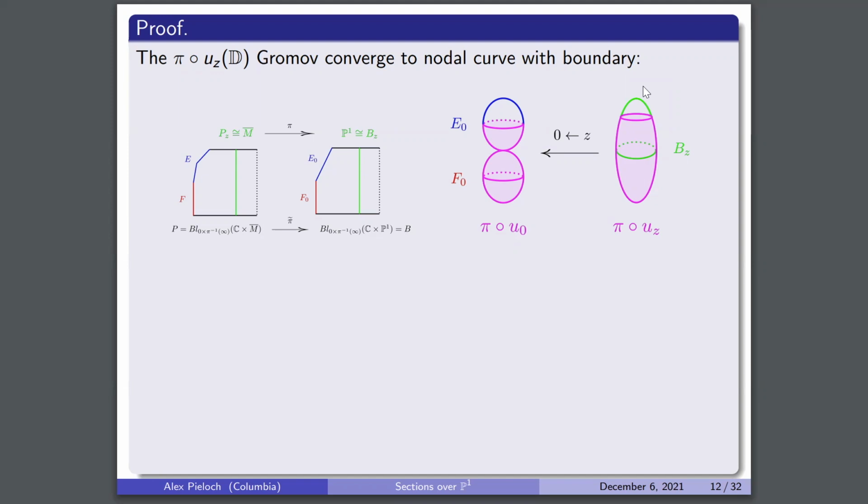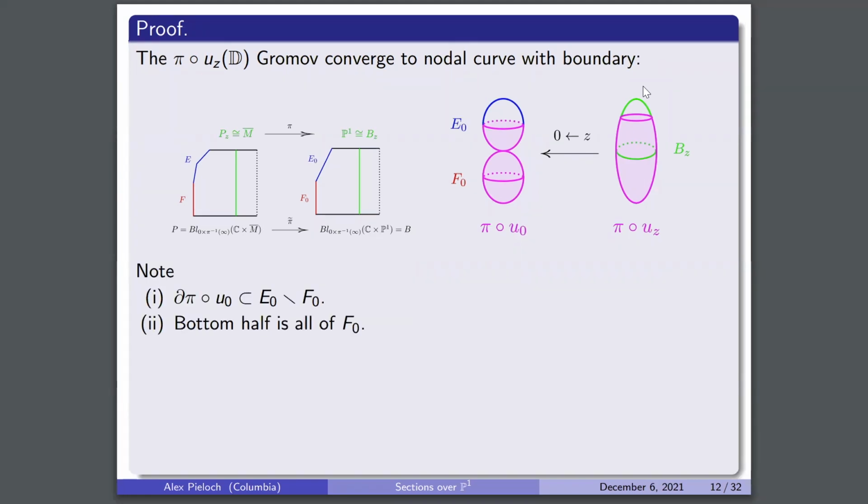So again, because these disks are very large, we get some energy concentration, and it bubbles off a copy of P1. And what happens is now the disk part, or the boundary part of our disk, completely gets pushed into the exceptional divisor, this E0. So we take our disk and we degenerate it now into this copy of P1 plus some other disk here in E0.